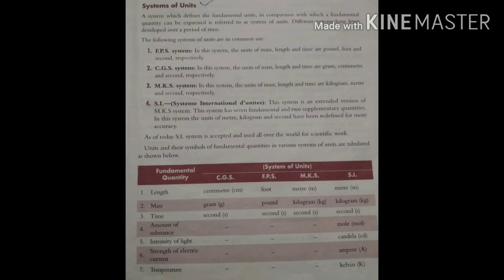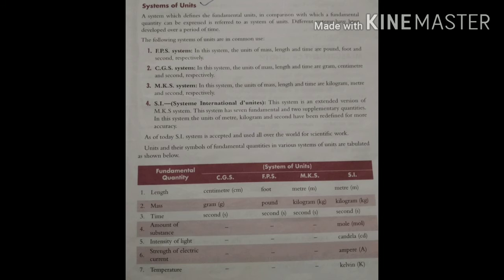Now let's see system of units. Units are classified under a fixed system, known as system of units. There are four systems of units. One is followed all over the world, and the other three were previously followed but are now not in consideration. The first is the foot pound second system. Foot is the measurement of length, pound is the measurement of weight, and second is the measurement of time.